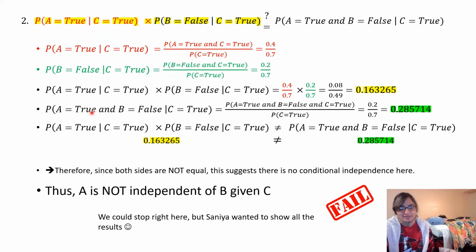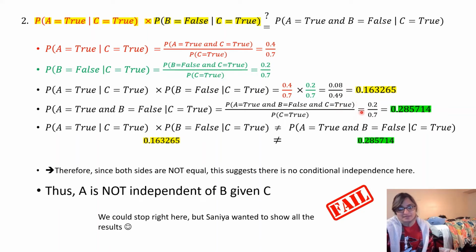And what we get is, for the numerator again, we just say A is true and B is false and C is true. And the part where this given makes a difference is that this becomes the denominator, probability C is true. And we know from our previous work that the probability A is true and B is false and C is true is going to be 0.2 here.